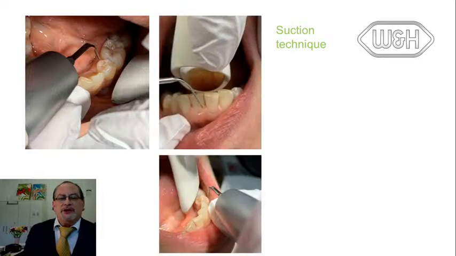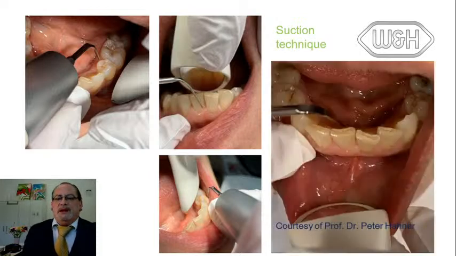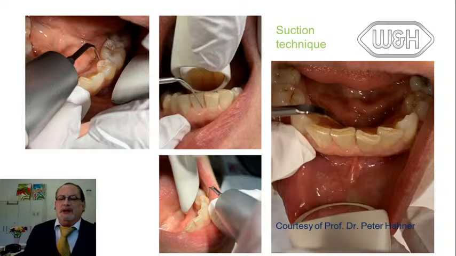So always make sure that you have the tooth in between the suction and the aerosol creating procedure. Here the other way round, when we are working from inside the mouth, the suction should be outside in the vestibule.